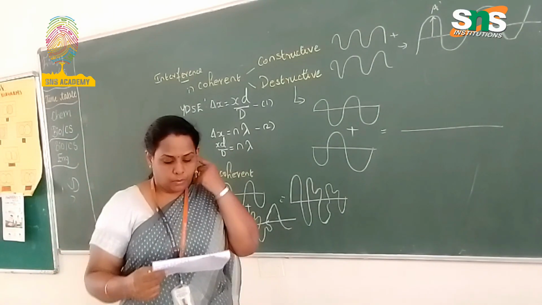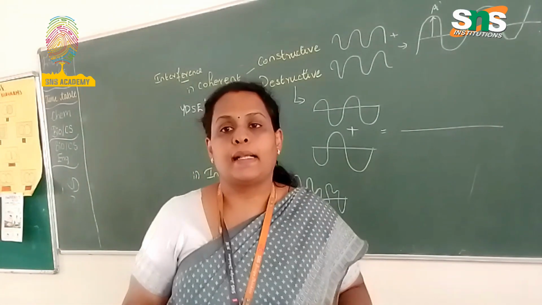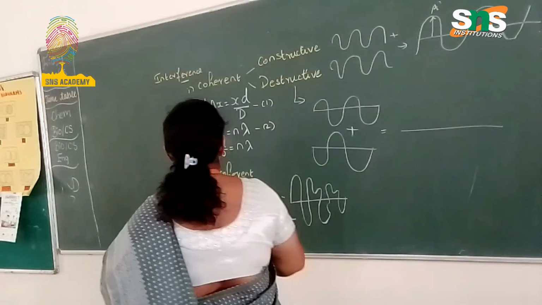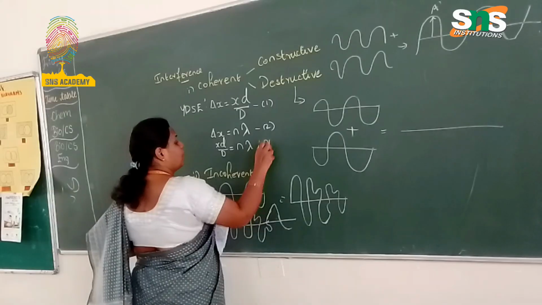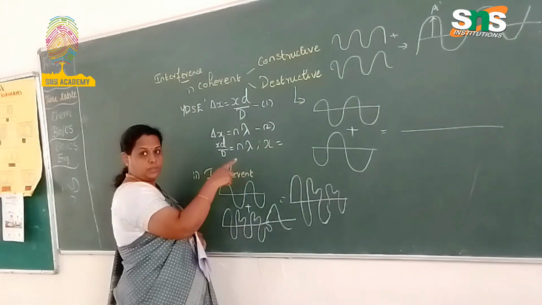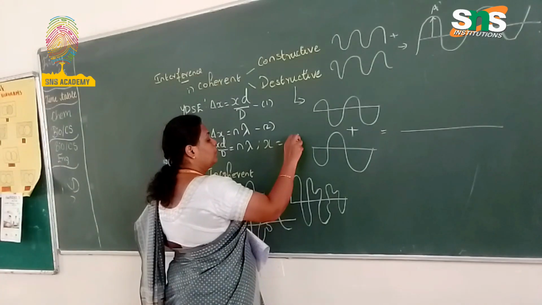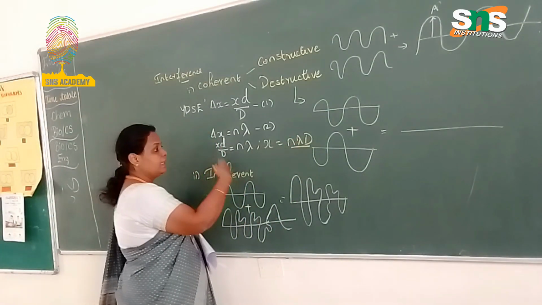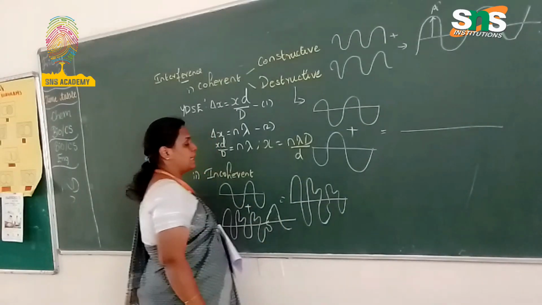So, if I want to calculate x, what can I do? I have to take this to the opposite side. Am I right? D, which is in the denominator, goes to the numerator side, and d, which is in the numerator, moves to the denominator side.